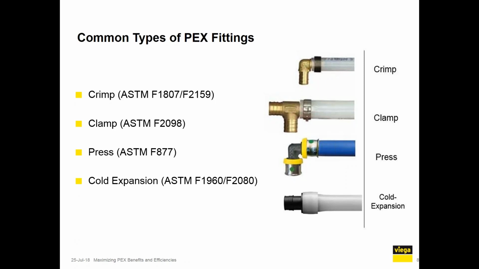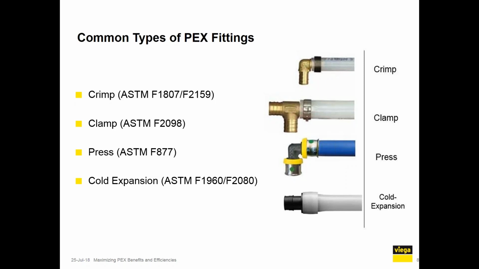Often a lot of the benefits of a PEX system come down to the type of fitting that is used, whether it's installation benefits, performance characteristics, or ease of installation. For example, our Viega PureFlow press fitting offers the ability to pressure test immediately, which is contrary to the cold expansion fitting, for example.